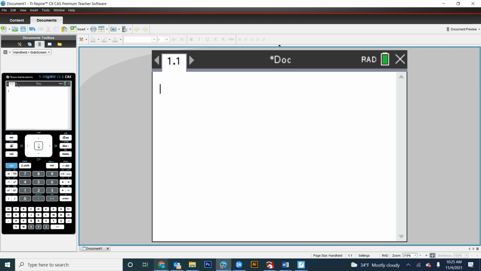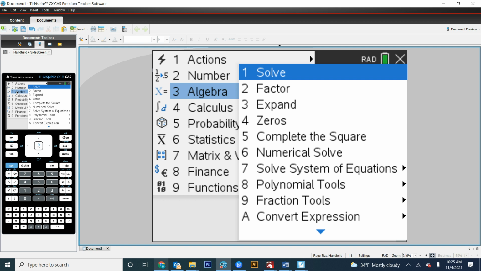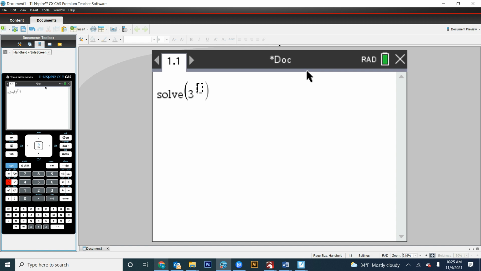I'd have to ask. All right, we're going to do a menu. We're in a calculator window. Menu, Algebra, Solve. We're going to solve where 3 to the x equals... what was it again?